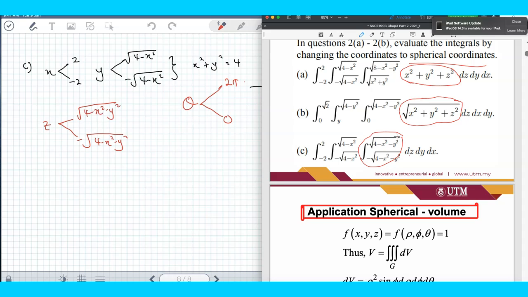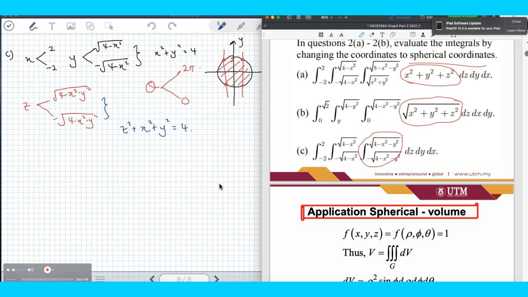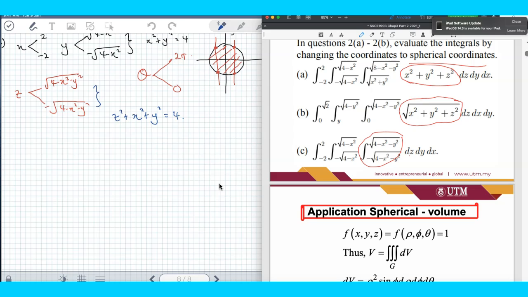And if you look at both of the equations here, this will give you z squared plus x squared plus y squared equal to 4, where this one is a sphere with radius 2. So we have plus minus z, meaning that we have a full sphere with radius 2.